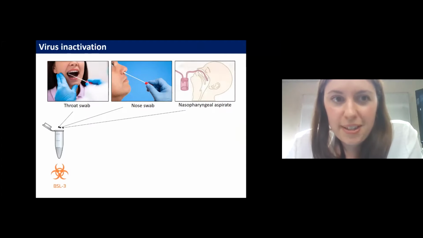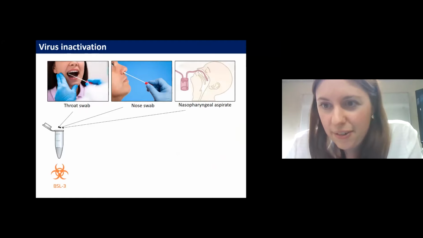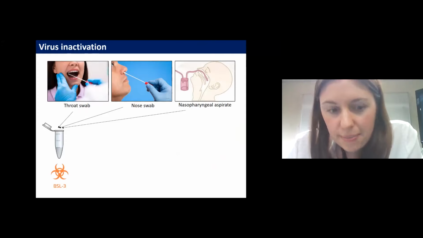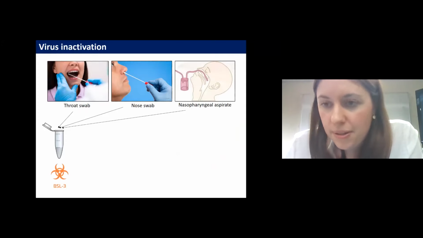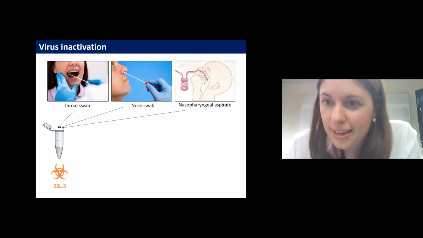The first thing that we had to do was sort out the virus inactivation. As I mentioned, you have different types of samples coming into the lab, and they all go into the BSL-3 lab. From there, most samples are inactivated. The virus is essentially lysed and burst open so that the genome can be accessed for RT-PCR. However, for our assay, this is no good because we need to have the intact virus particles to label and image.